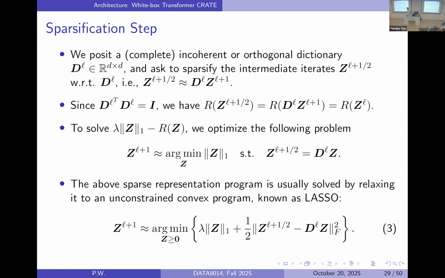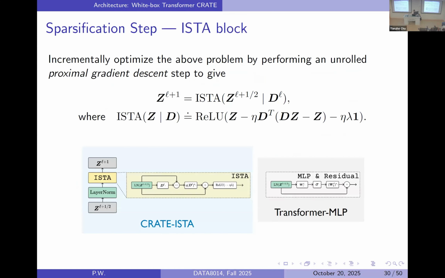And this one is like a Lasso problem. Different from the Lasso problem, we also have a non-negative constraint here. And this non-negative constraint is like a normalization, to guarantee it's like a ReLU operator. Okay, and then based on this, we incrementally optimize the above problem.